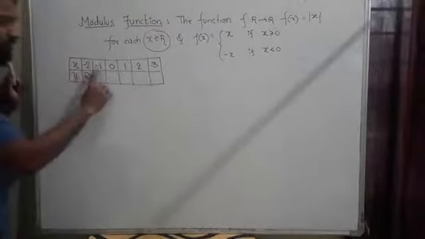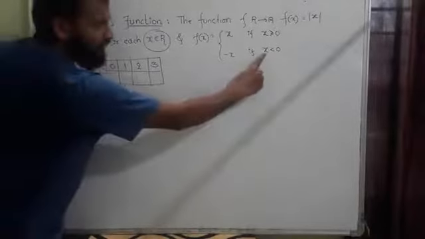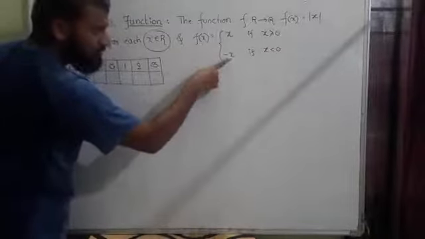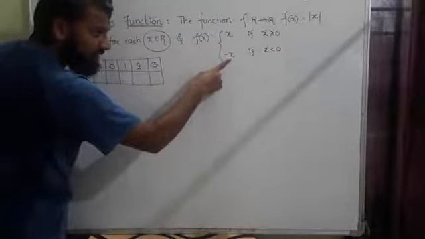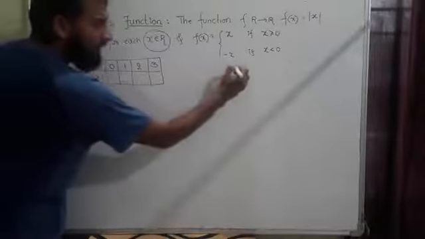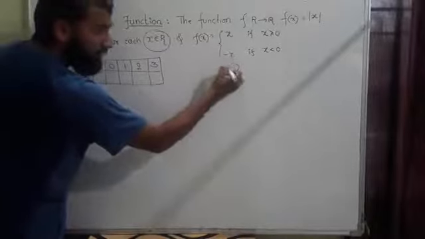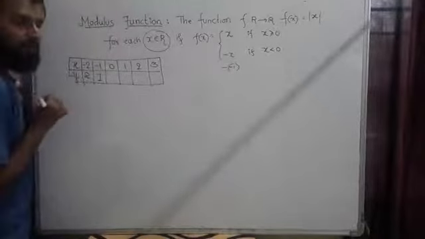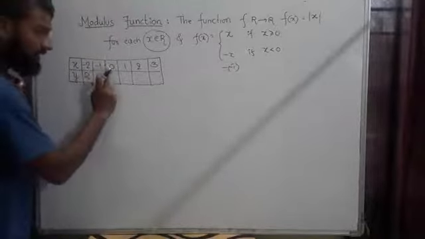If I take x equal to minus 1, minus 1 is less than 0, so f of x is minus x. Since x is minus 1, here we will have minus 1 and we have minus also, so minus into minus is plus 1. And what if I take x equal to 0?